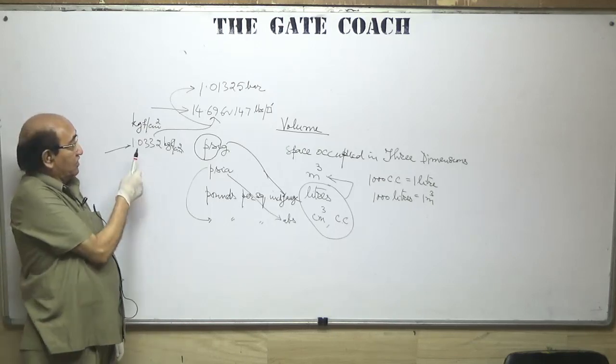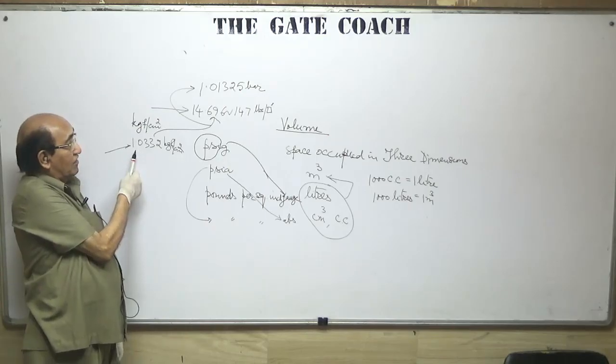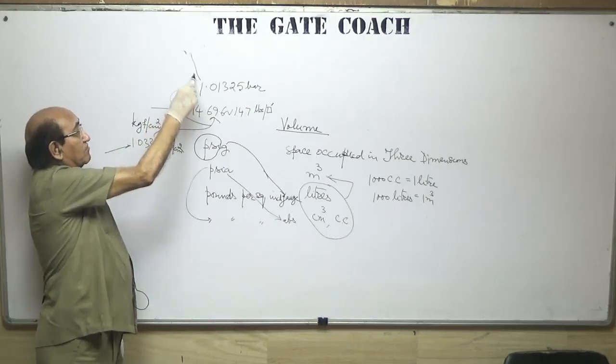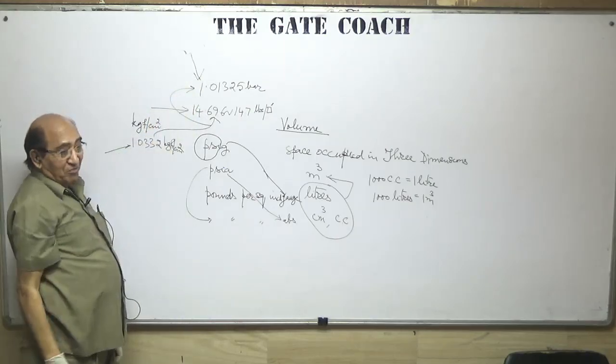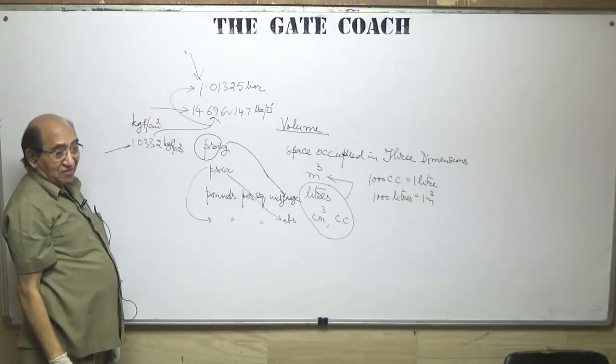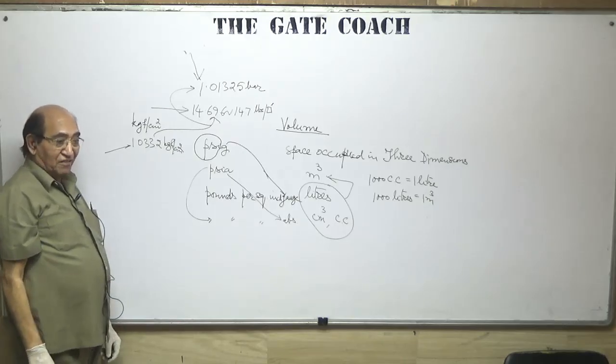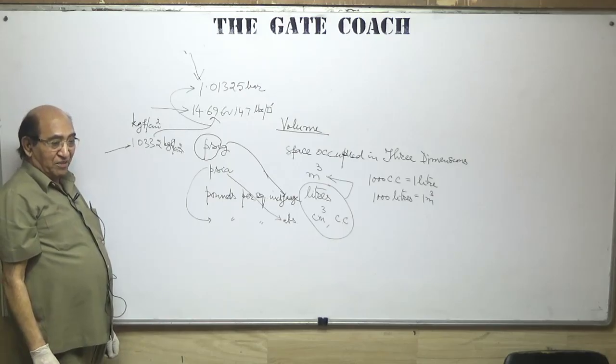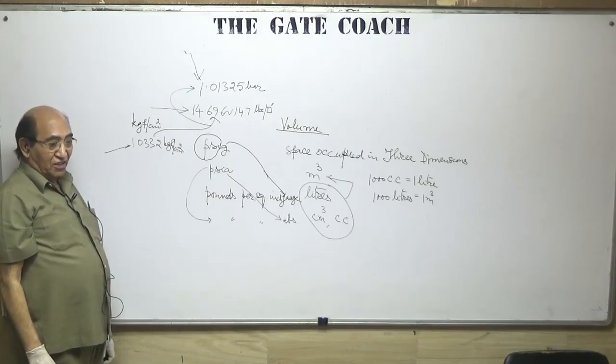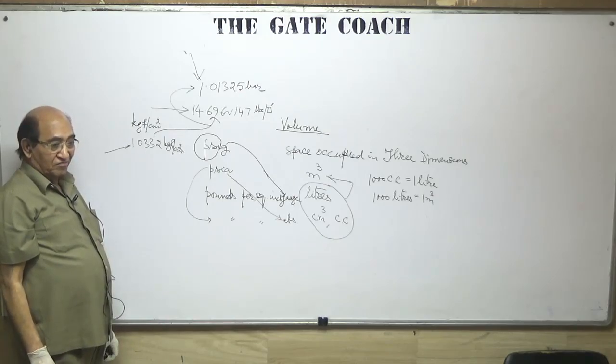By the time things were okay, we shifted to SI system, where it became in terms of bar, Newton per meter square, Pascal, kilopascal, kilonewton per meter square.